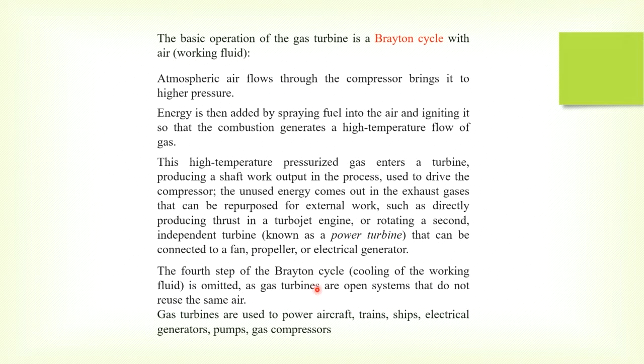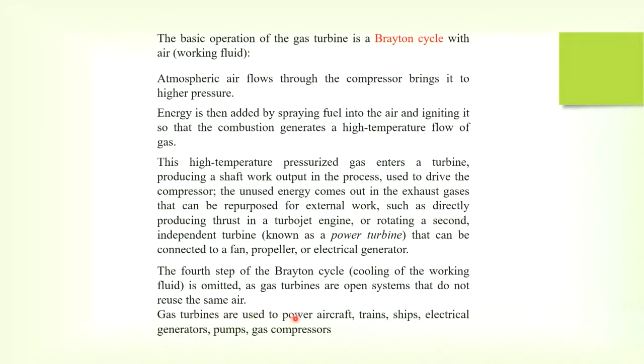The Brayton cycle has a fourth step, but the gas turbine cycle has only three steps. So cooling of the working fluid is omitted in the gas turbine cycle, as gas turbine cycles are open systems that do not reuse the same air.